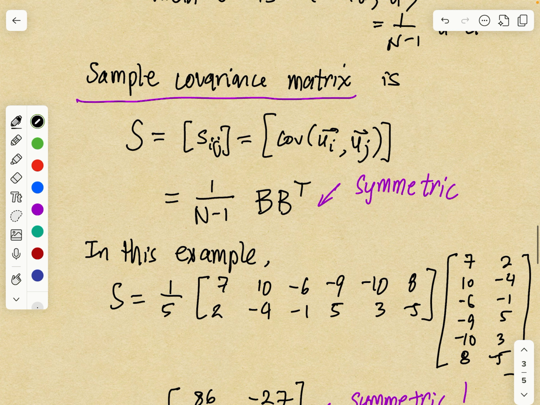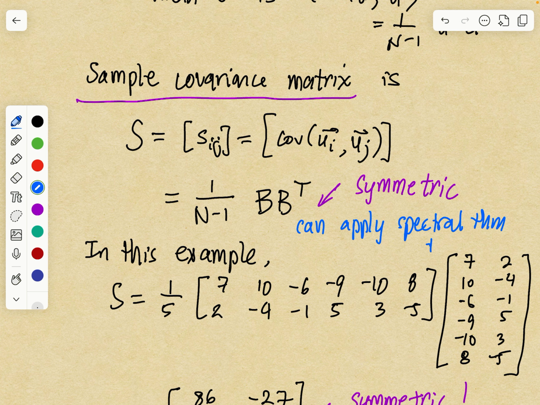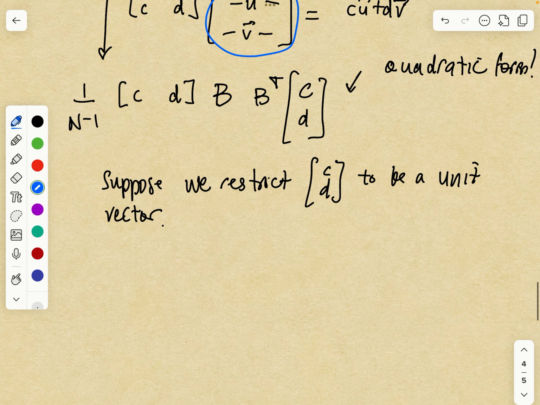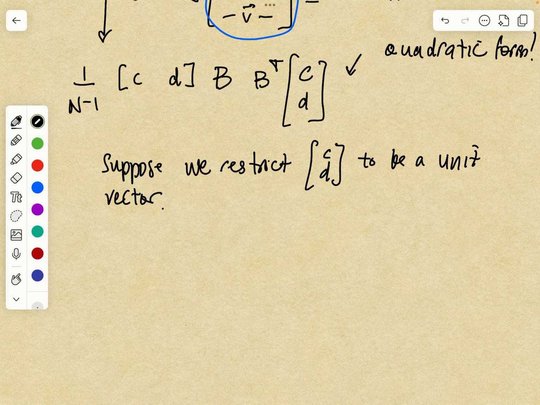We're applying it to the sample covariance matrix, so we're applying the spectral theorem to S. So this quantity is equal to the sample variance of Cu plus dV.